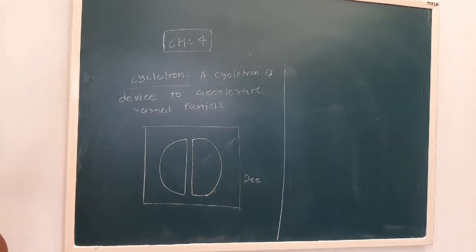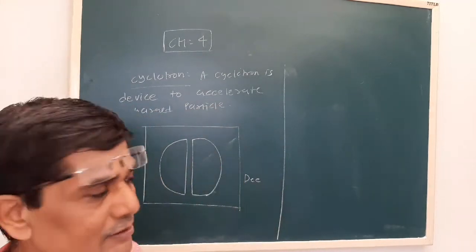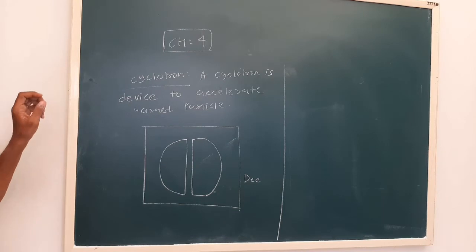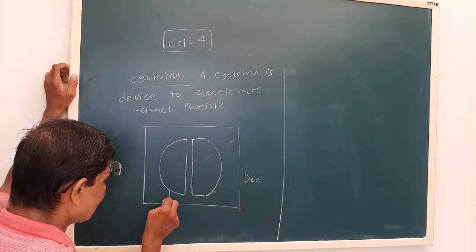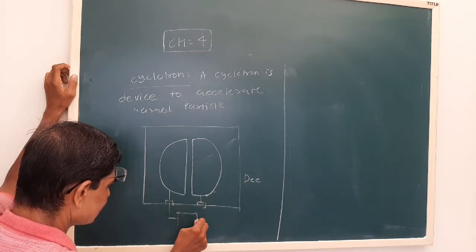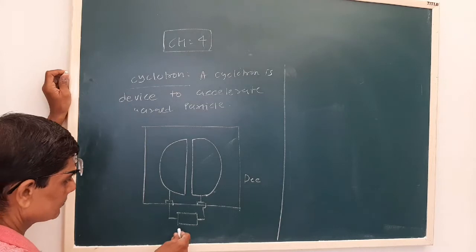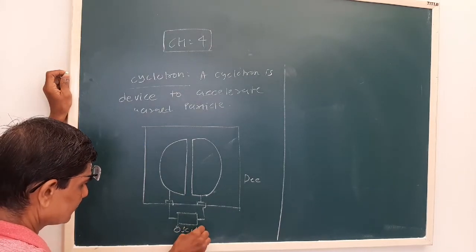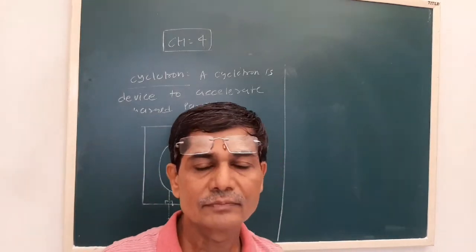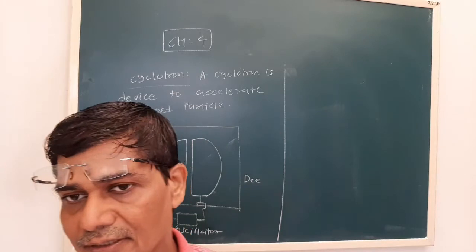Now, just now we derived the equation for the frequency. See this device is provided with the AC source, or we say an oscillator. Now this is oscillator. See, oscillator is a device which can produce a signal of desired frequency.